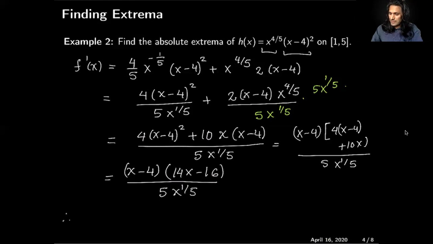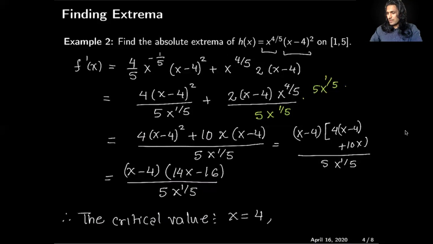So therefore the critical values are, if I put the top equal to 0, I will get x equal to 4, and x equal to 16 over 14, which is basically 8 over 7.